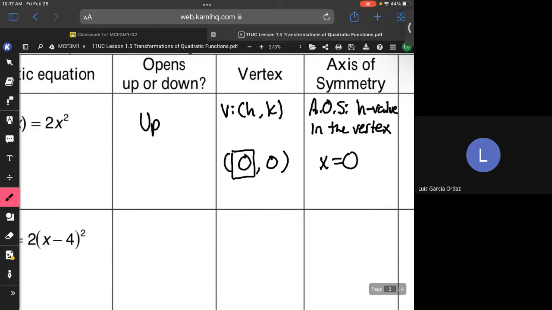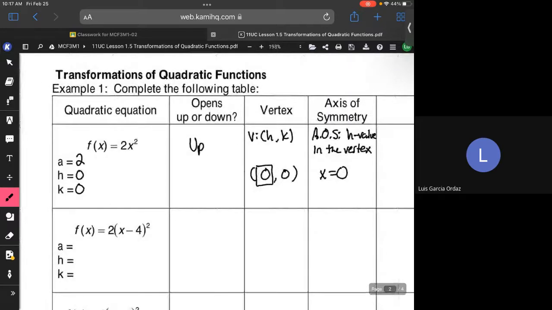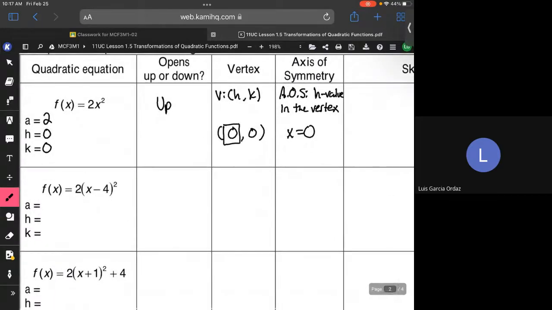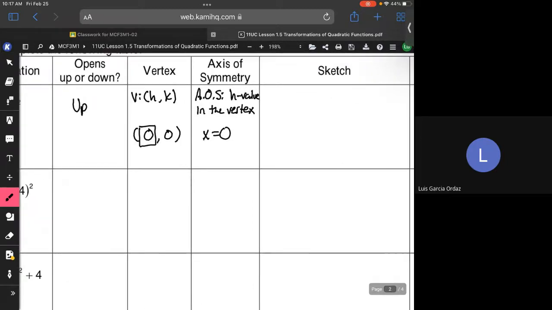So now for the sake of graphing, and not going to Desmos, because I have an a value of 2, and what Benjamin just explained, how is this graph going to look? Is it going to be stretched, or is it going to be compressed and fat and wide? Someone said it. It's going to be stretched. So I'm going to label my key point, which is my vertex, 0, 0.